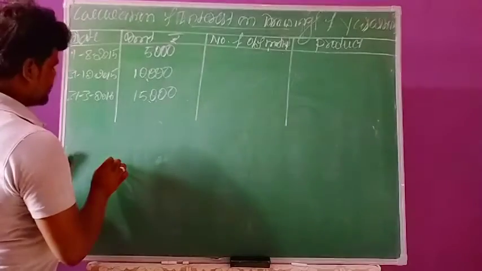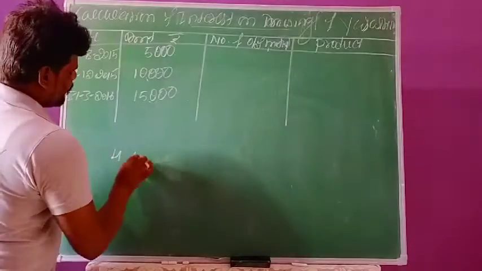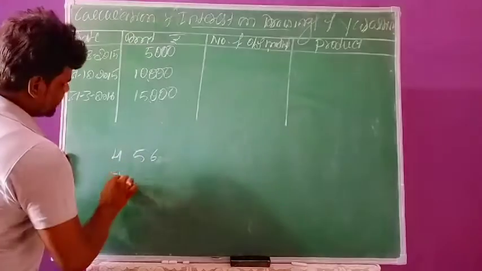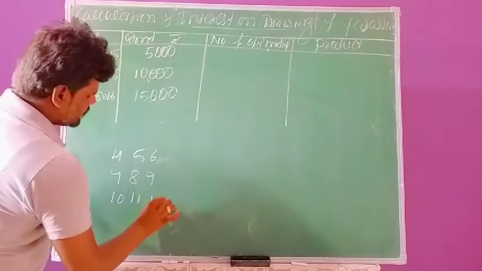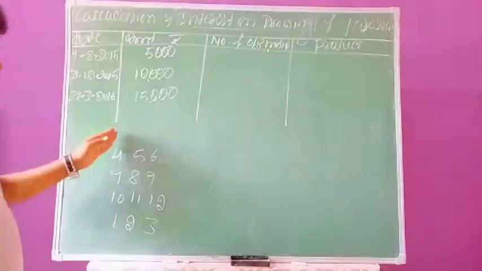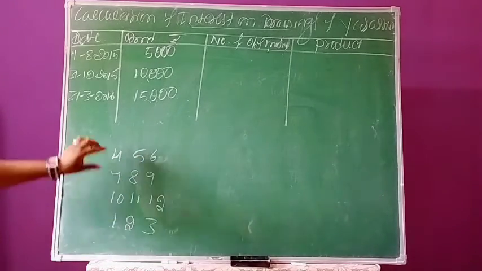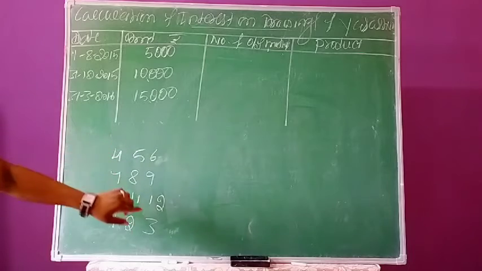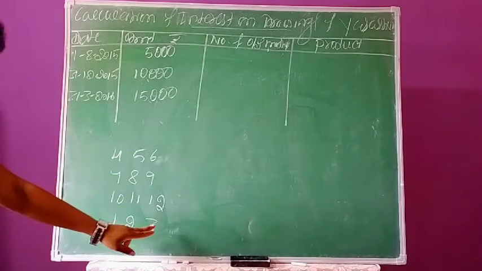So the assessment year is April, May, June, July, August, September, October, November, December, January, February, March. This is the total number of months in a year, from April to 31st March.